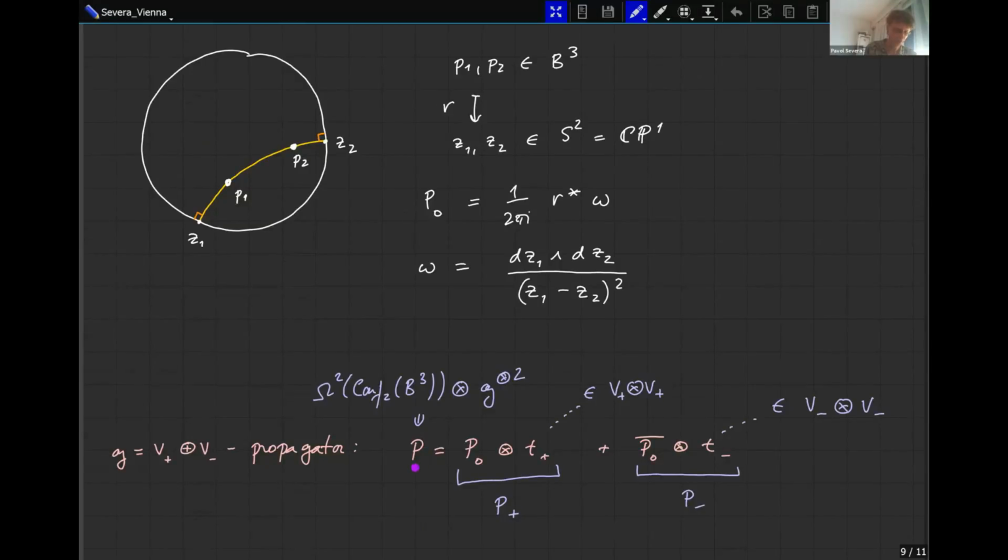So more precisely, our propagator is a two form with values in G tensor G. We take P0 tensor the inner product on V plus, and plus P0 bar tensor the inner product on V minus. So that's in the end the propagator.